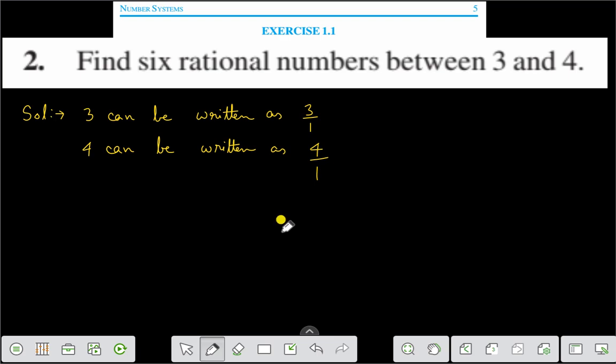Now if we multiply both the numerators and denominators by 10, then we are getting 30 by 10. And if we multiply both the numerator and denominator by 10, here also 10 by 10, then we are getting 40 by 10.